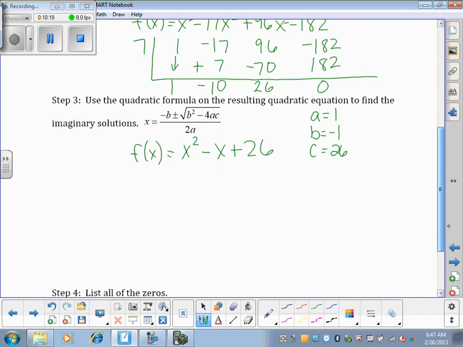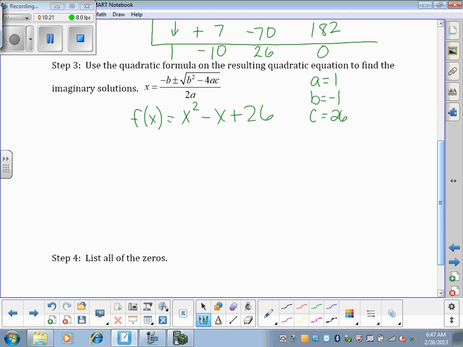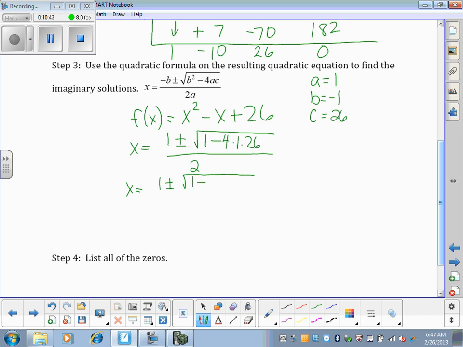When you substitute this into the quadratic formula, you get 10 plus or minus the square root of 100 minus 4 times 1 times 26, all over 2 times 1, or just 2. So you get x equals 10 plus or minus the square root of 100 minus 104, all over 2.